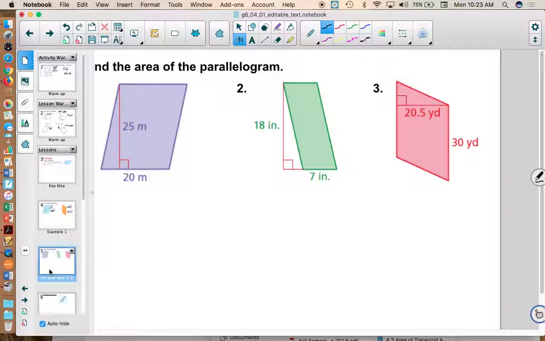25 by 20. What is the area? Everybody is to do number 1 here. What is the area of number 1?